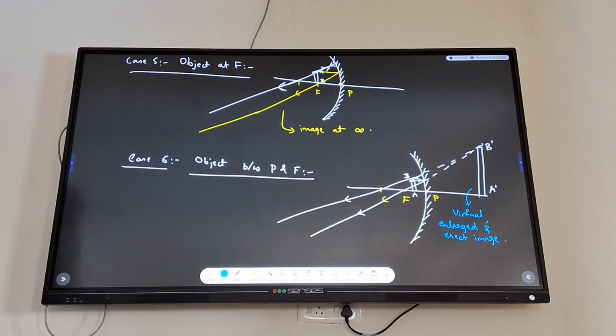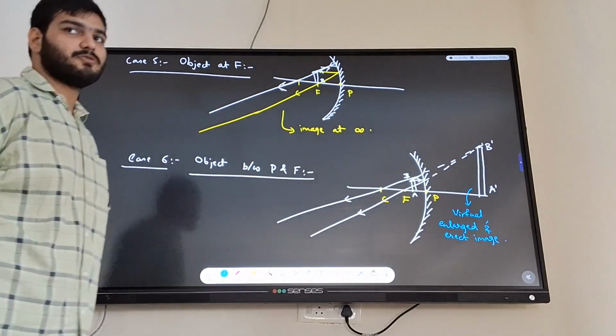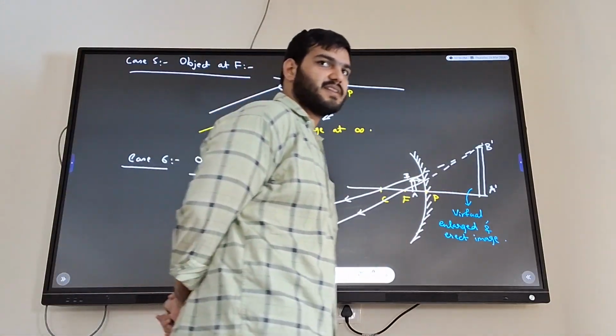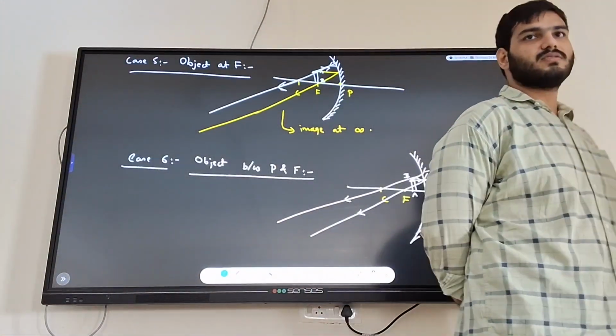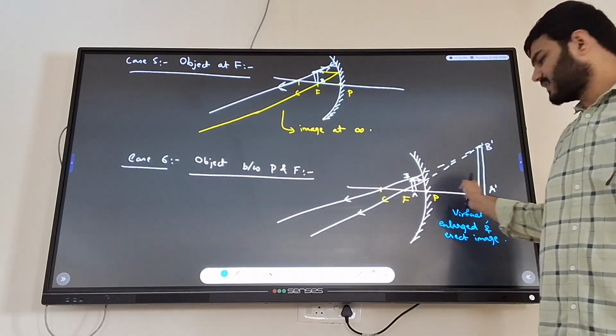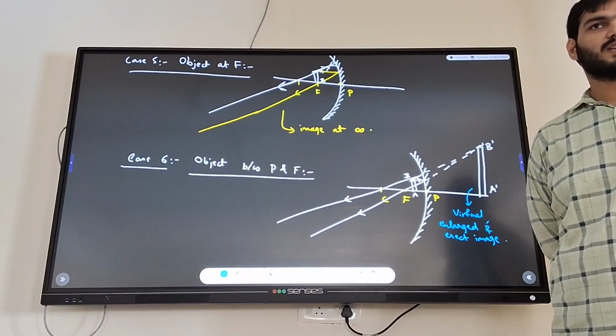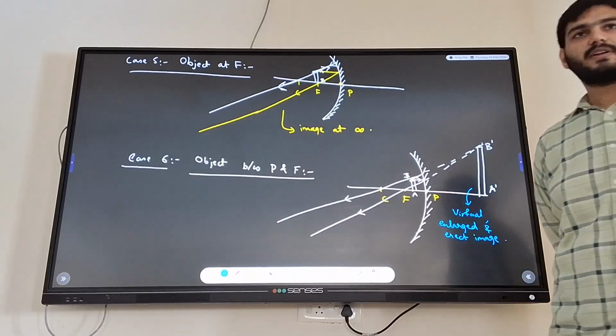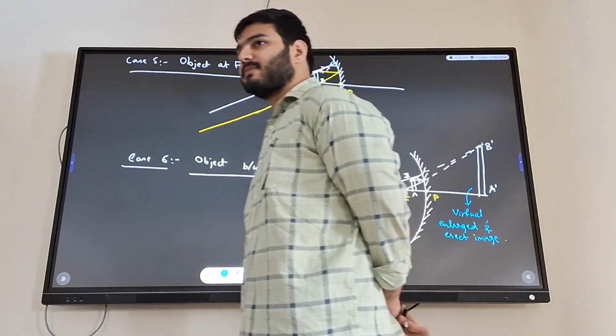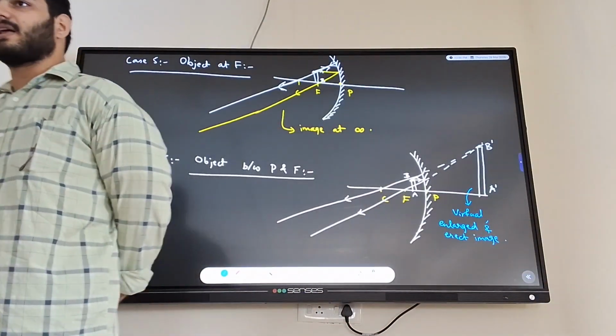So we found something different this time if you actually look into this. We never find a relation like u equal to minus v. Are we finding something like that? No. The positions are so different. So the relation between u and v is not going to be as simple as we found in plane mirror.